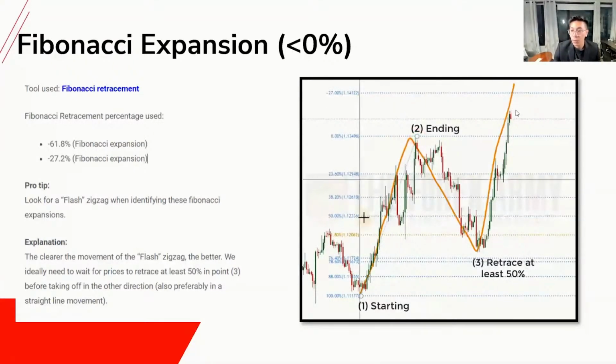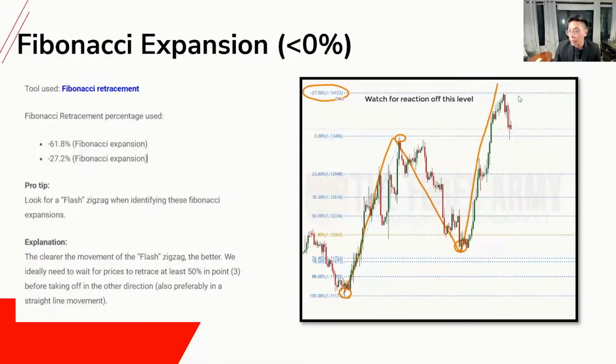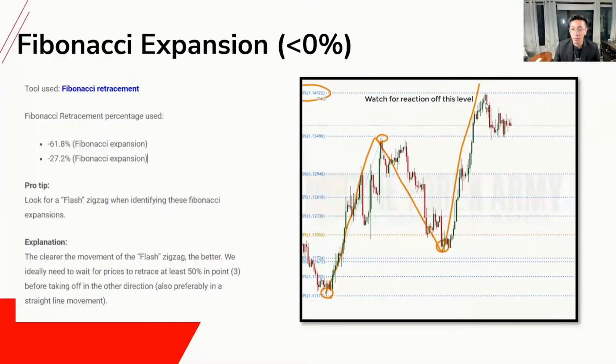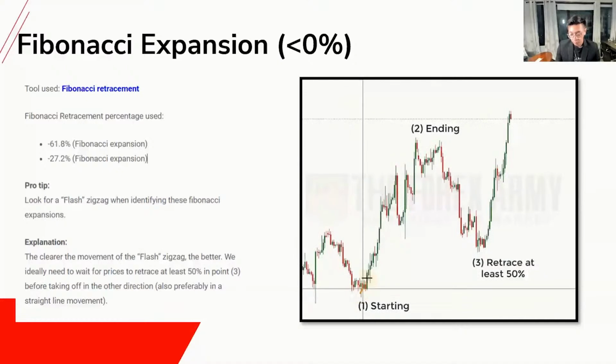Once price has very nice movement upwards, you can sell at the negative 27.2 expansion level. So we should watch out for the reaction at this level. You can see price tapped this negative 27.2 expansion level and then came all the way down.